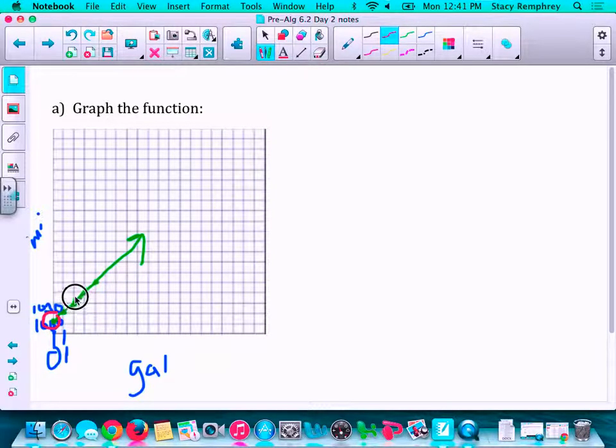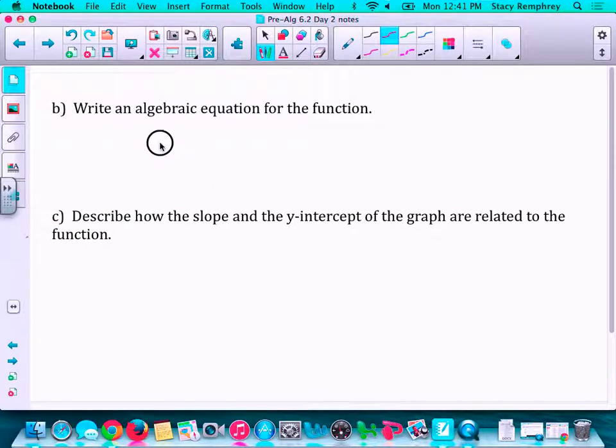And if you did the slope, you would see you went up 30, because remember each box was 30, and over 1. So it was up 30, because each box we made 30, and we went over 1 because each of the boxes this way was 1. So you would get your slope of 30 and your y-intercept of 1,000. You would get the same equation. So again, our equation is y equals 30x plus 1,000.